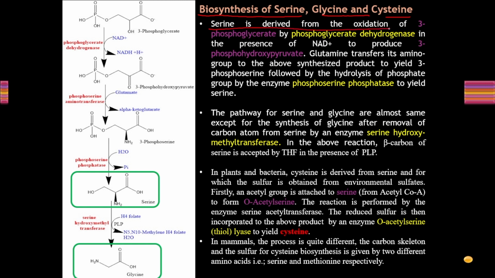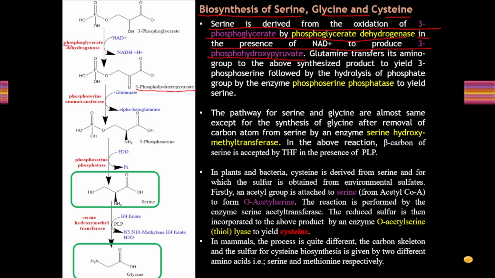Serine is derived from the oxidation of 3-phosphoglycerate by an enzyme called phosphoglycerate dehydrogenase in the presence of NAD plus to produce 3-phosphohydroxypyruvate. So this is 3-phosphoglycerate, and it is going to get oxidized, and as a result it forms 3-phosphohydroxypyruvate.